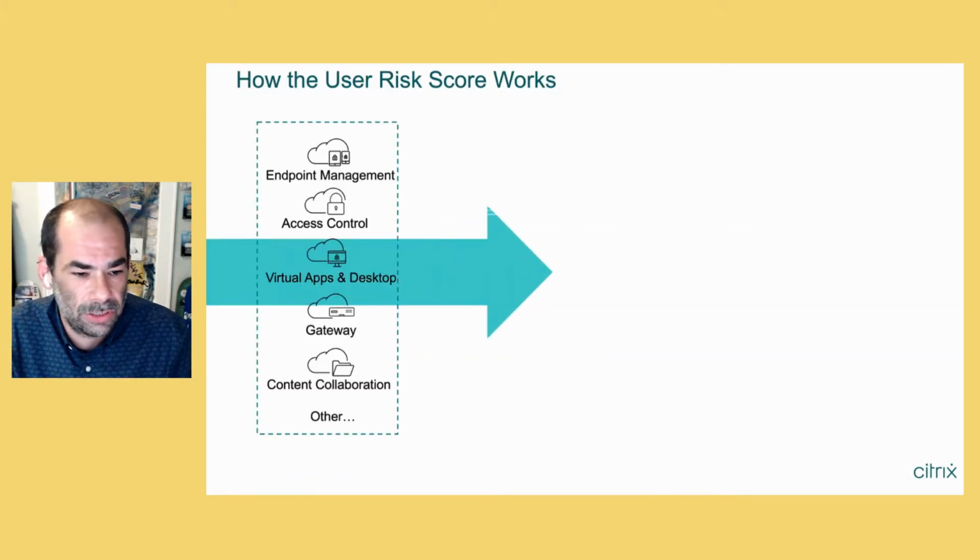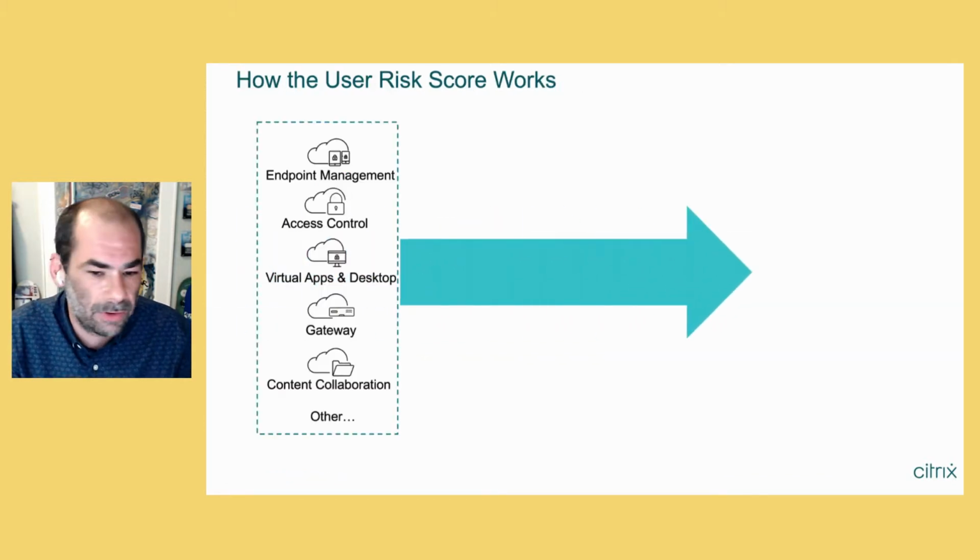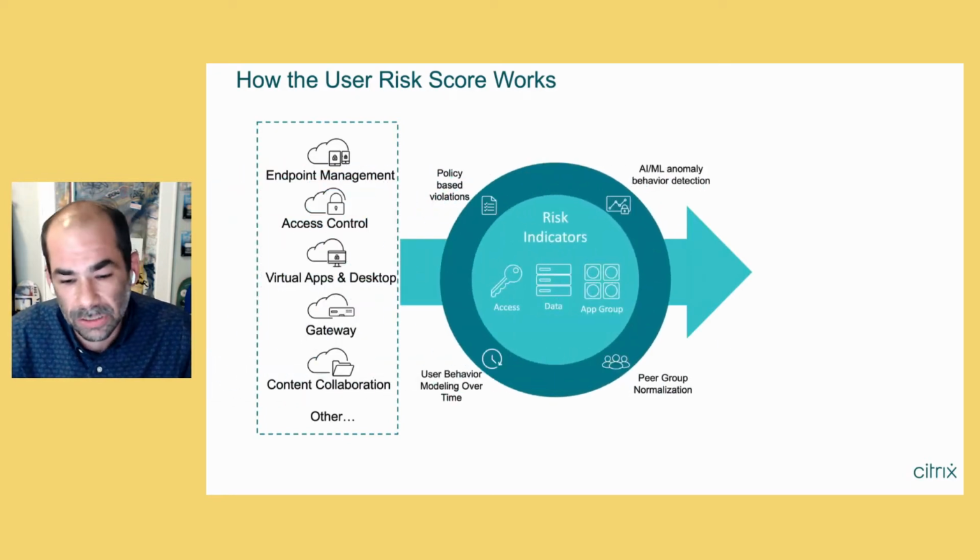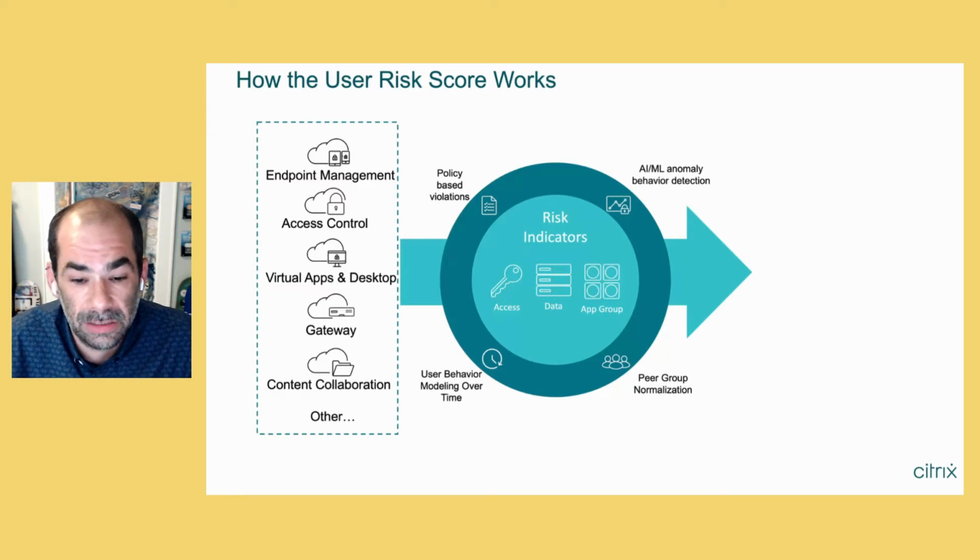Now, we have customers that are using virtual apps and desktops. We have customers that are using our gateway service, the content collaboration service specifically from this conversation. But you'll see that there are all these data sources that we can start to investigate and dig into. And there's a number of these built-in risk indicators that give information around how data specifically is being accessed in this case.